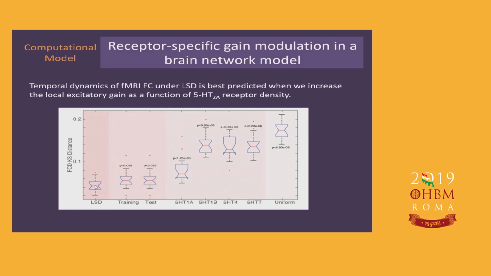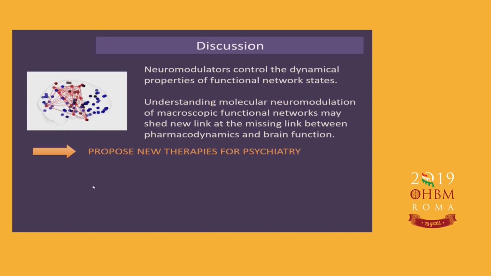Now that I'm past time, it's just two slides, but overall I'd like you to take home this message: neuromodulators can actually control the dynamical properties of functional network states, and we can see this from the data.